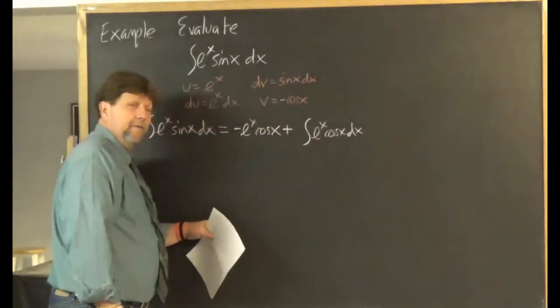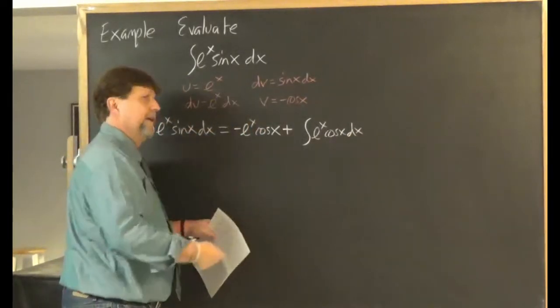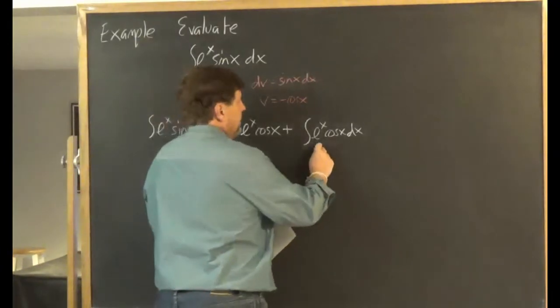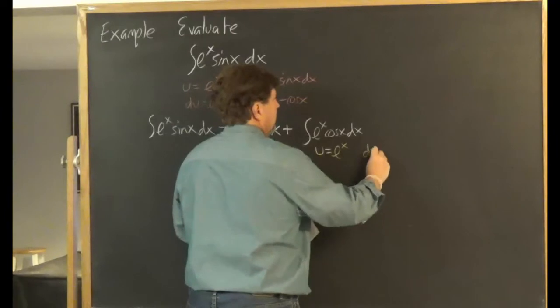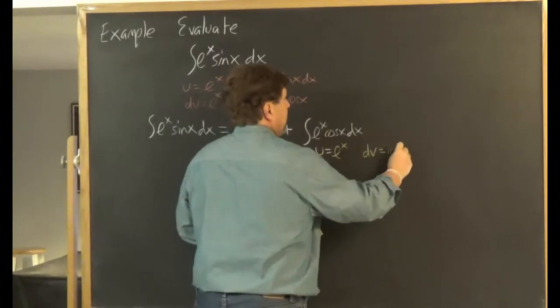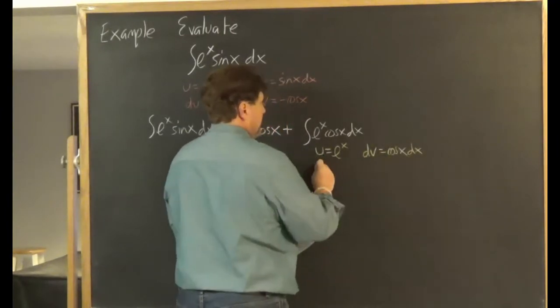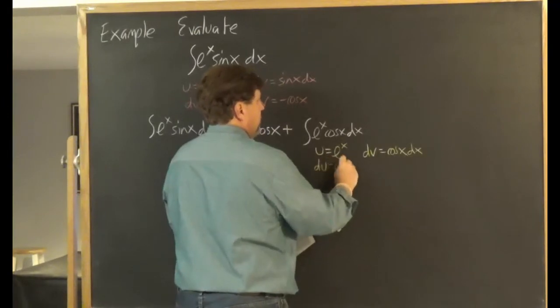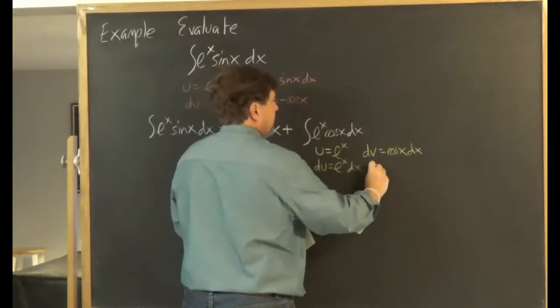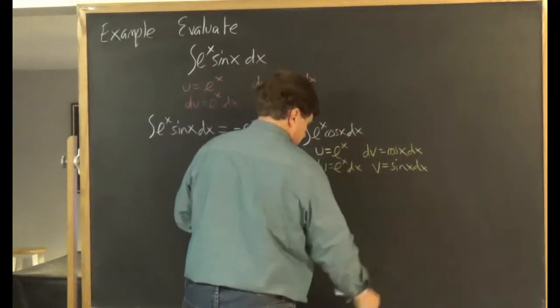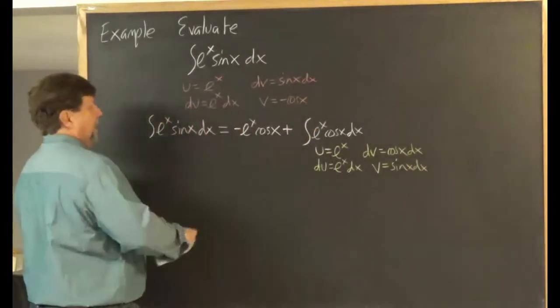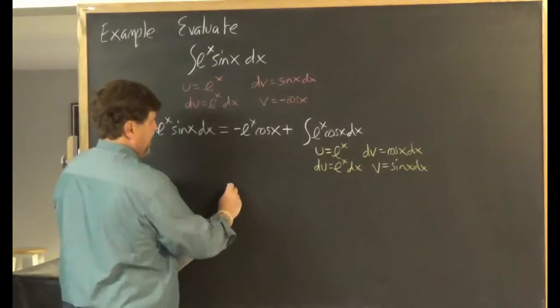Yep, got to crank that through integration by parts. So we're doing integration by parts again. So we get u is e to the x, dv is cosine x dx, du is e to the x dx, and v is sine x. All right, so let's see, I got to bring this down.